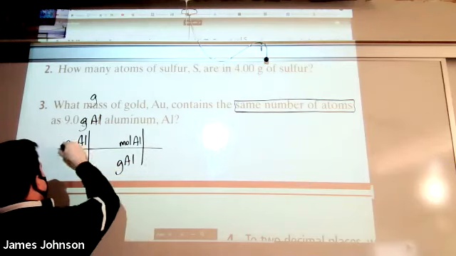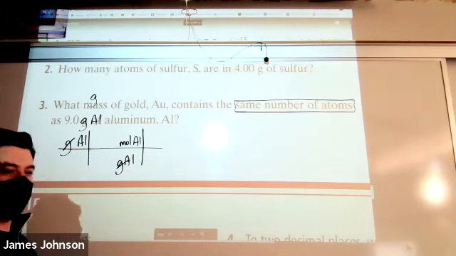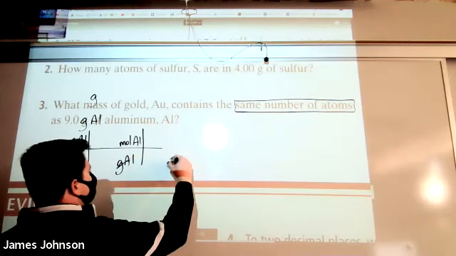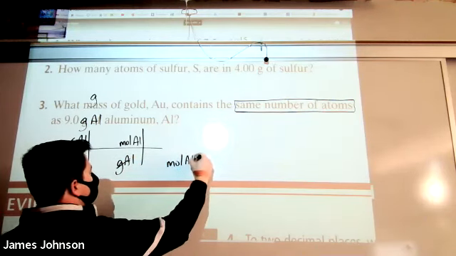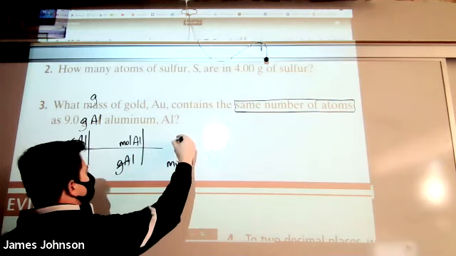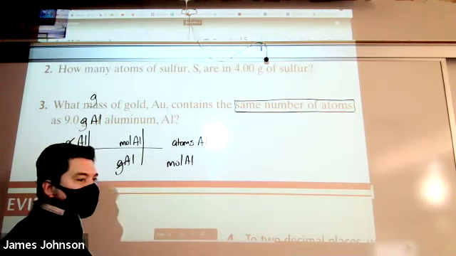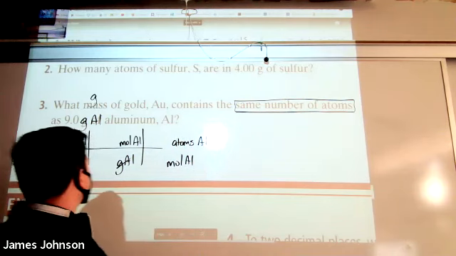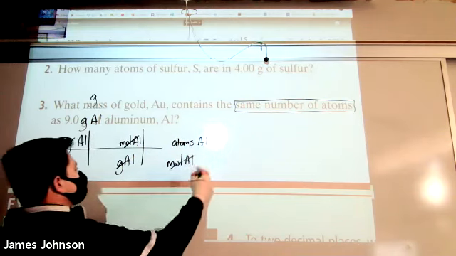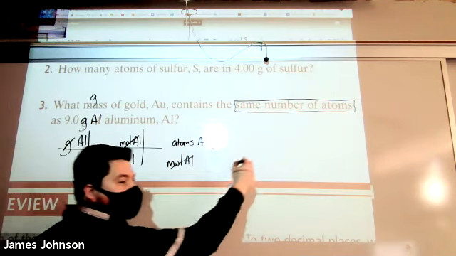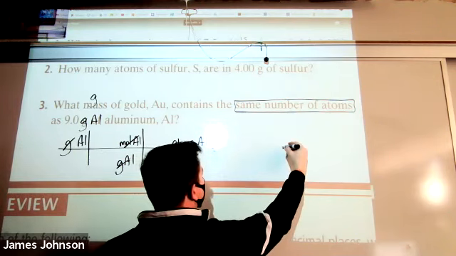So now my grams will cancel, and now I can focus on converting out of moles of aluminum and into atoms of aluminum. Moles will cancel.